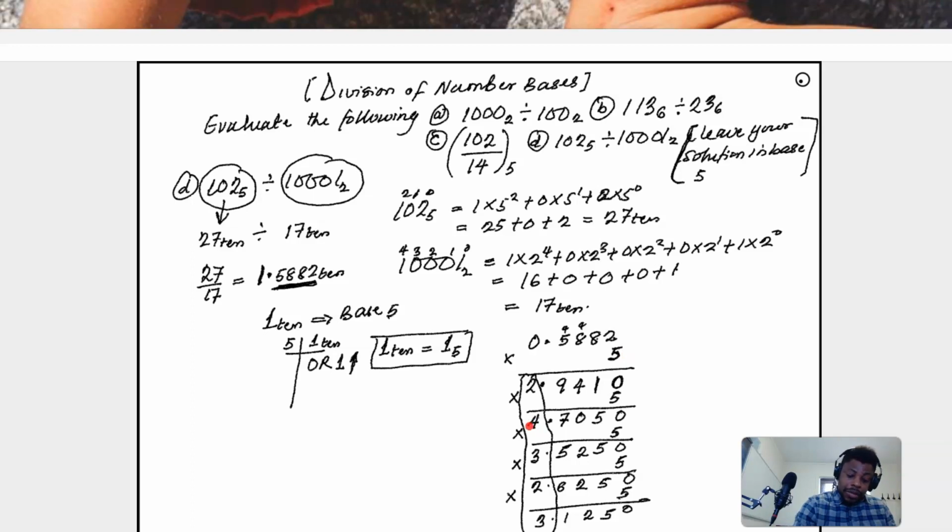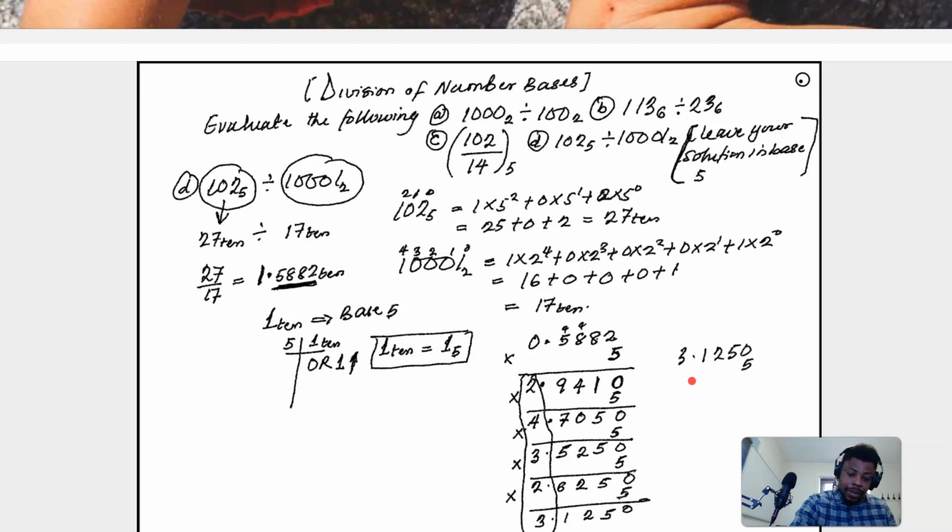Normally I should stop, because this is different from the other one where you want every part of this decimal to be 0, because this is in base 5. So the highest number here is 4. But because I'm still having a reasonable number, I can continue to multiply, like 3.1250.